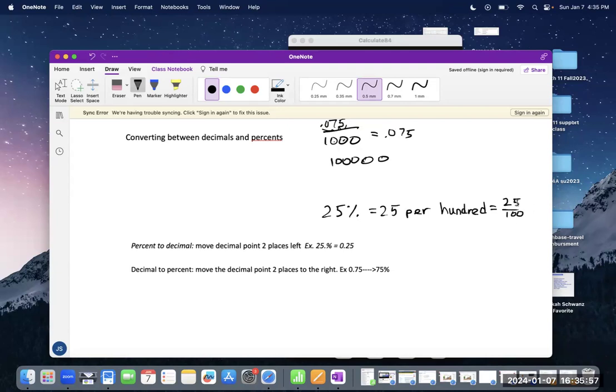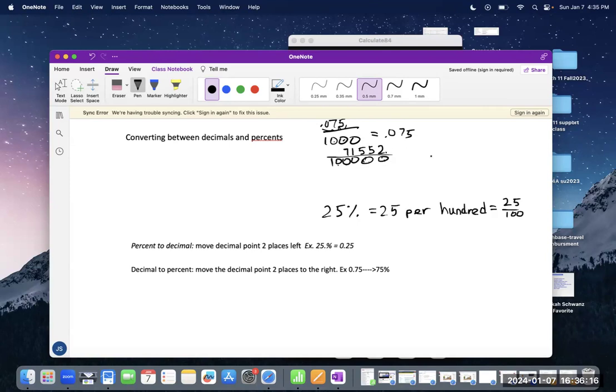The same thing here, if I had a number like 71 over a 1 followed by 5 zeros, I have 1, 2, 3, 4, 5 zeros in the bottom.